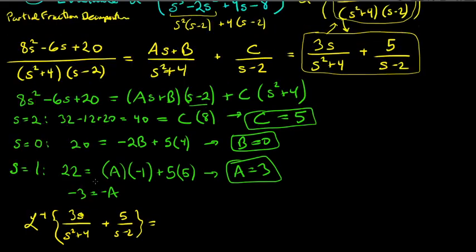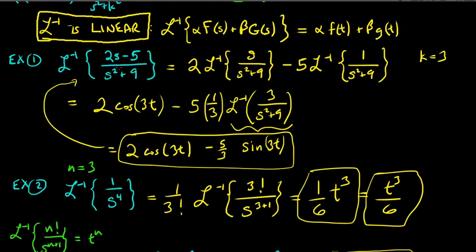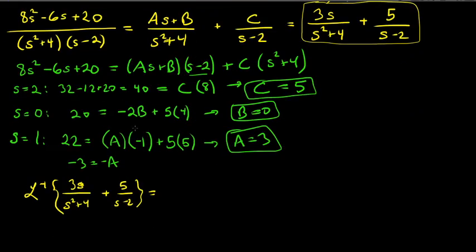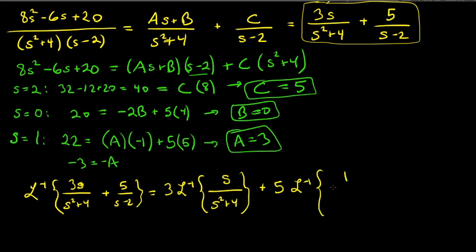And again, we do something very similar to what we did here. We split this up by linearity. So splitting it up, we get 3 times the inverse Laplace transform of s over s squared plus 4. Hopefully you remember what that is. I think that's cosine. And then plus 5 times the inverse Laplace transform of 1 over s squared plus 4.